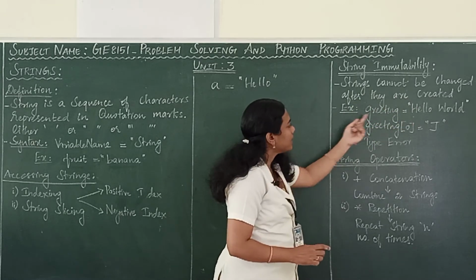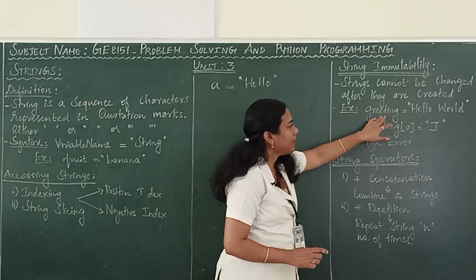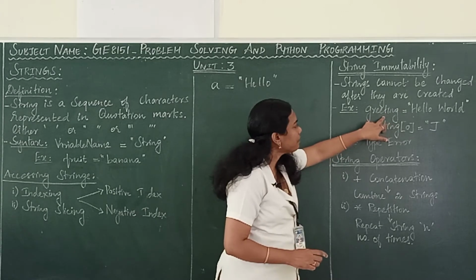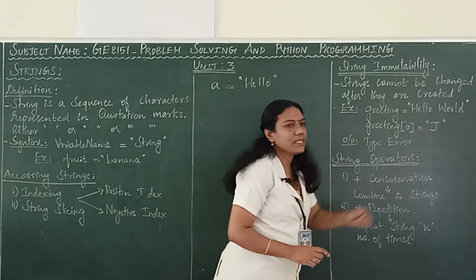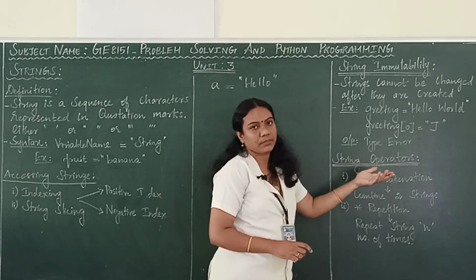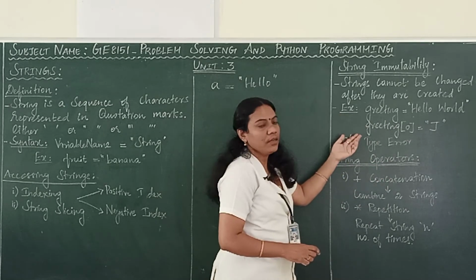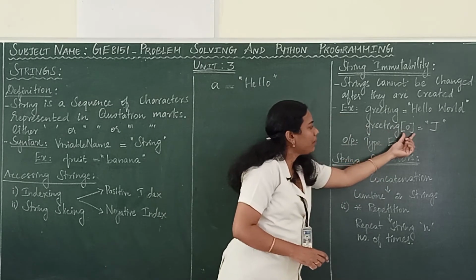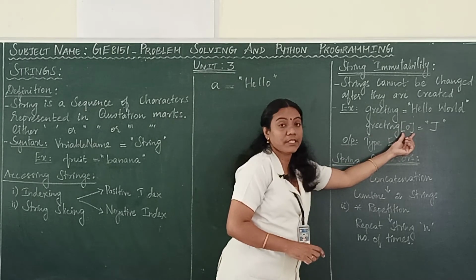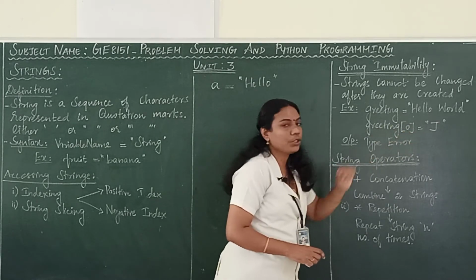For example, consider a variable named greeting. To this variable, a string is assigned, hello world. In the next line, greeting followed by the index operator, I am providing the position 0.